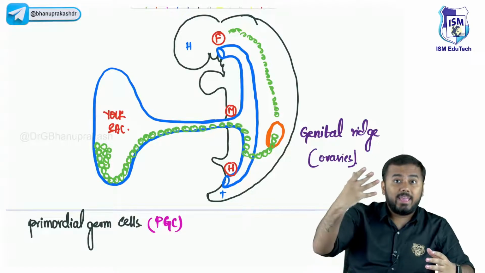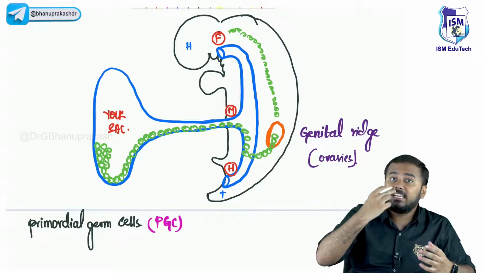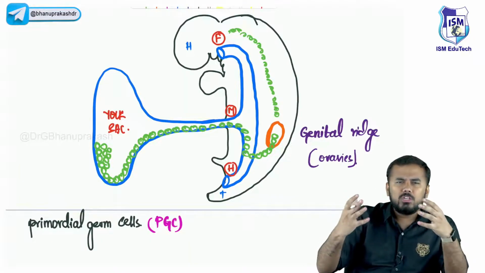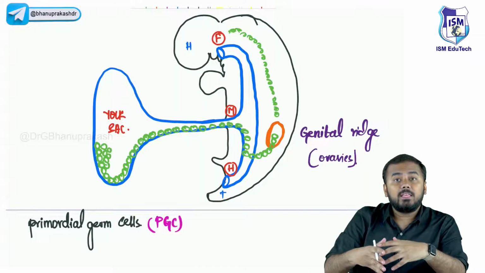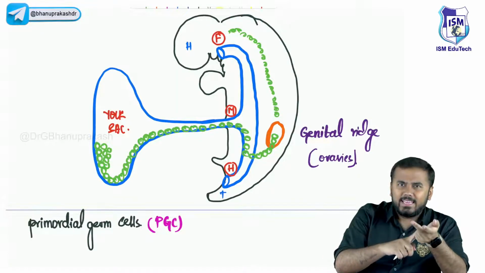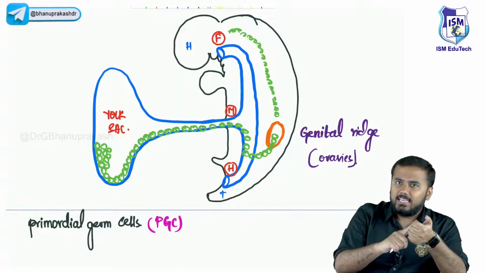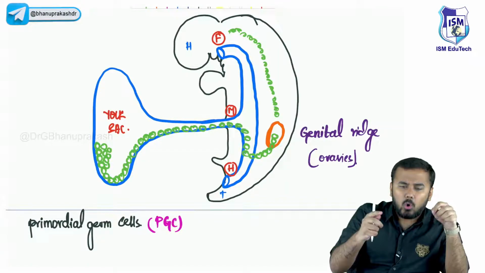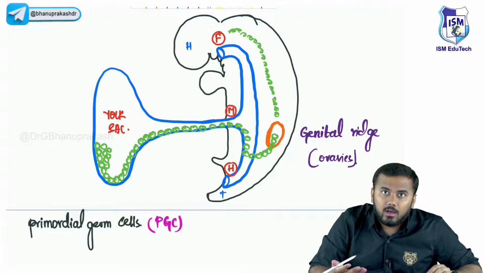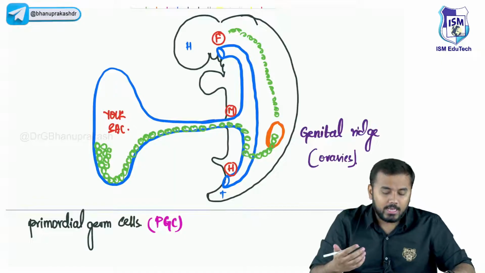They form hair, teeth, muscles, and bones. So many things are formed in the head and neck. That combination of hair, nails, skin, teeth, and bones is called a teratoma.